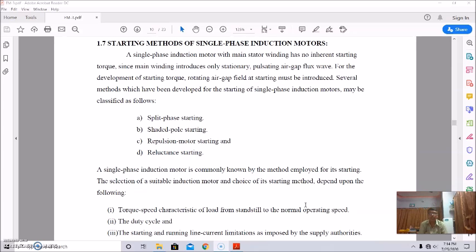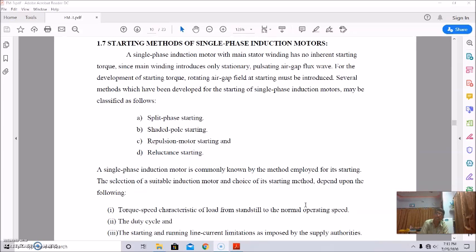So once again, a single phase induction motor with main stator winding has no inherent starting torque, as we have discussed, and since the main winding introduces only a stationary pulsating air gap flux wave, for the development of starting torque a rotating air gap field at starting must be introduced.